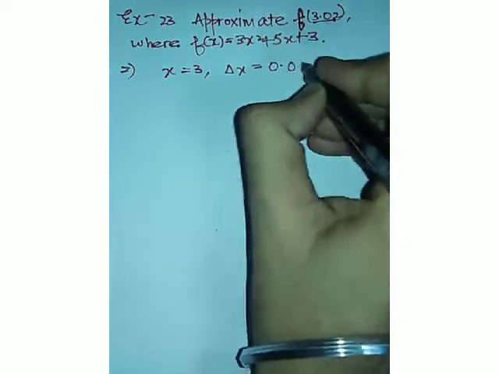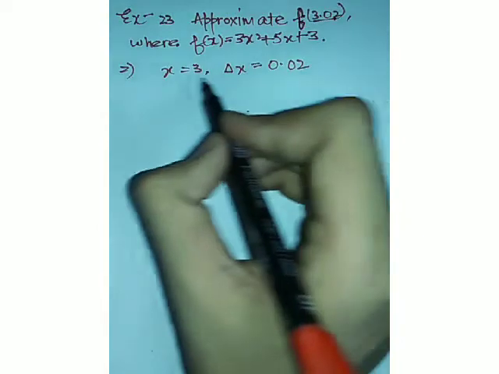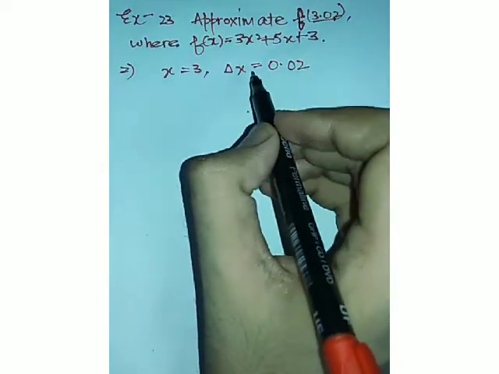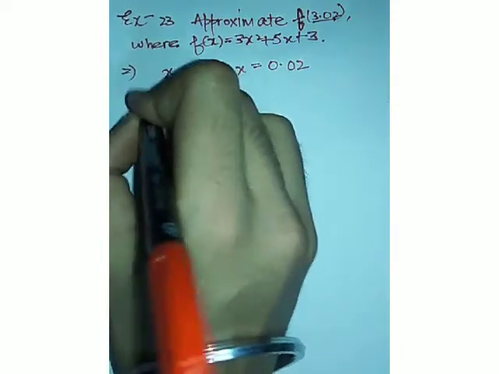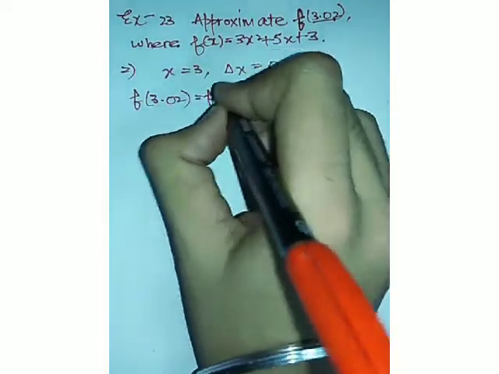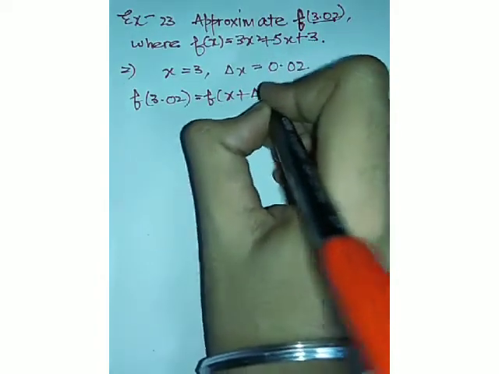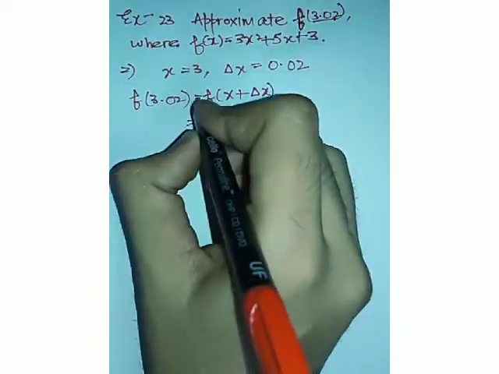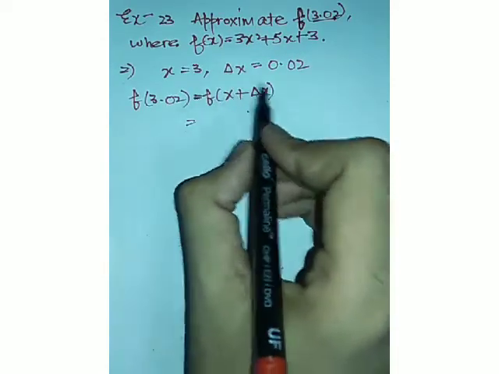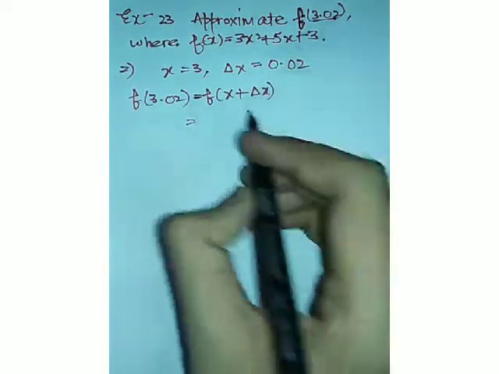It will be 0.02. Clear? Because when we add x plus delta x, we will get 3.02. Now we can write f of 3.02 as f of x plus delta x. Right? We can write it like this because x is 3 and delta x is 0.02. So when we add this, we get 3.02.